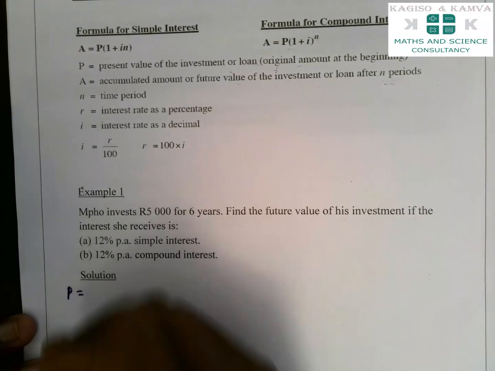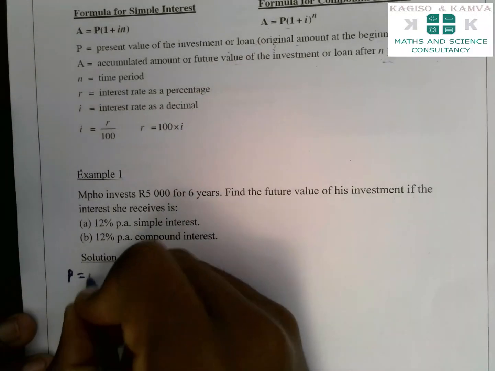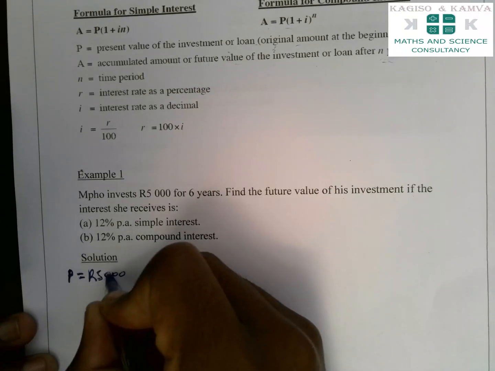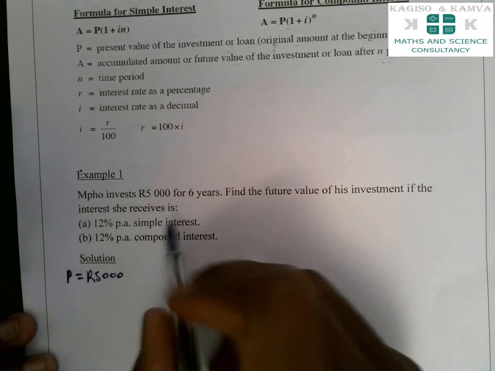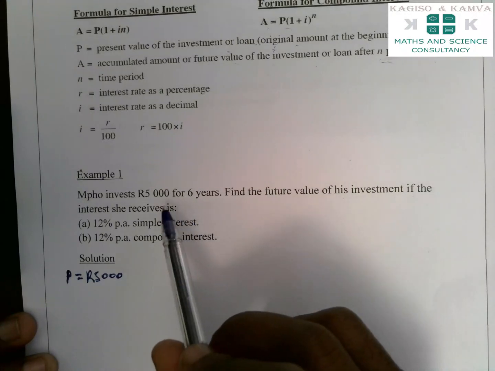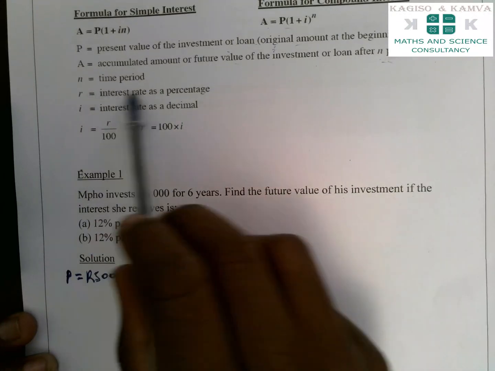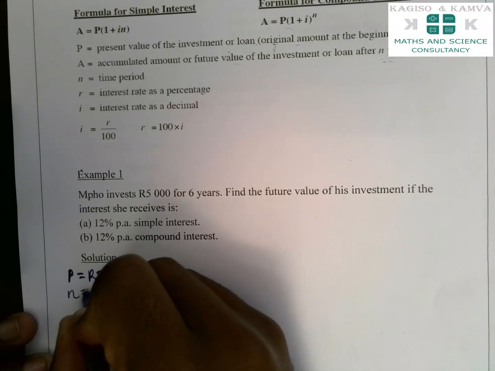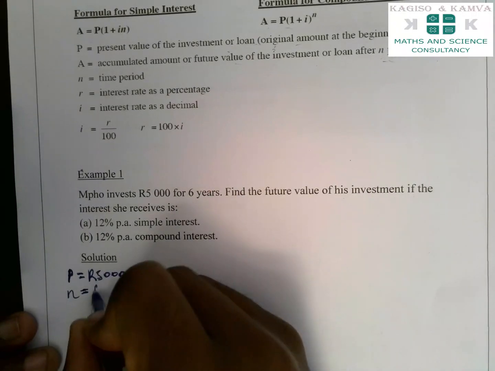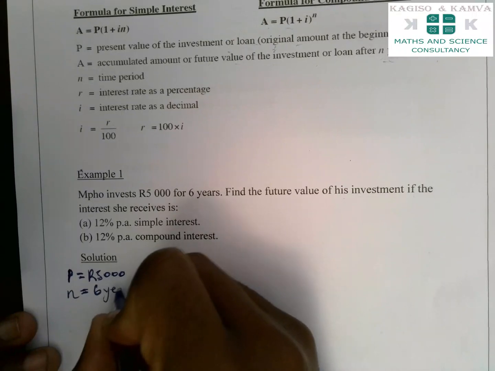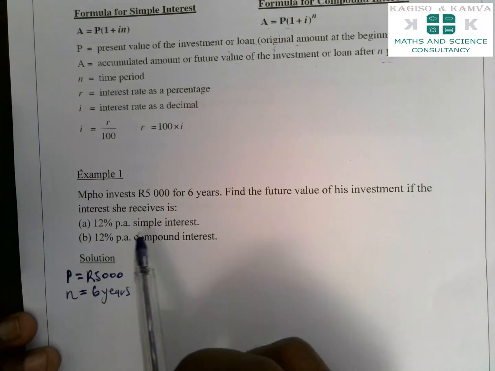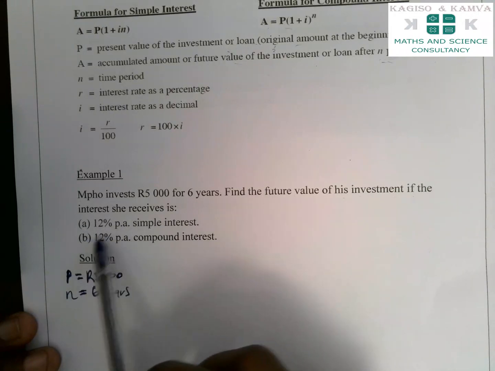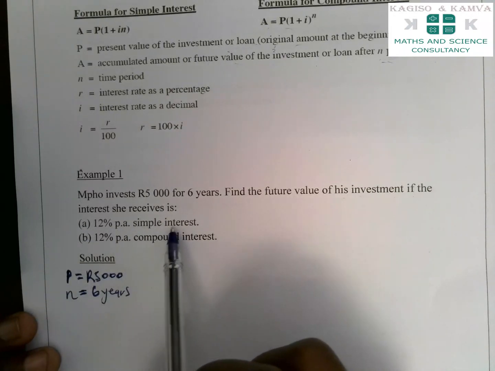The present value is 5,000. We also know the time period, n is 6 years. And for a, they say it is 12% per annum simple interest.